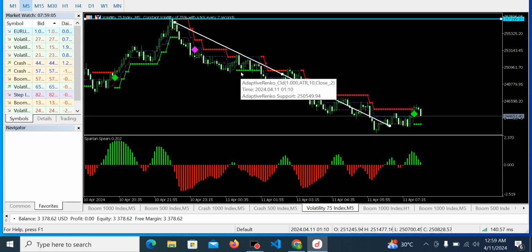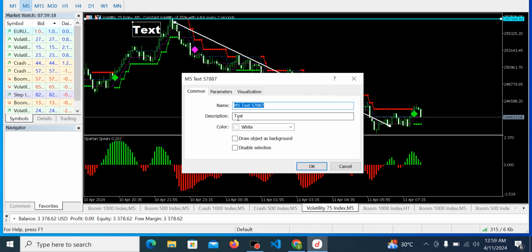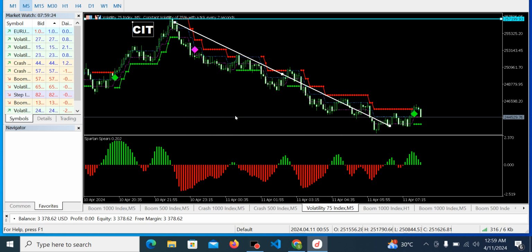Change in direction of the trend, or changing trend, that is CIT. That is the first thing that should come to our mind. So at this point we should be expecting a CIT to happen, which is the changing trend.